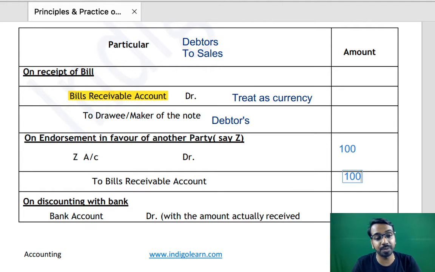Now if the bill is dishonored, my debtor does not pay this 100 on the due date to Mr. Z, then Z will come back to me asking for money, and this is the amount I have to recover from my original debtor. So basically, this entry on receipt of bill, that is bills receivable to the debtor and Z to bills receivable, here the bills receivable account is already zero, so nothing else needs to be done here.